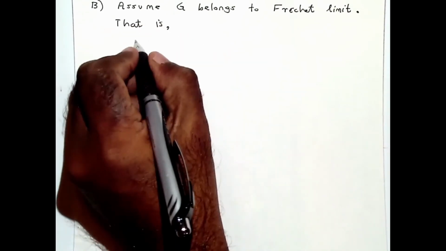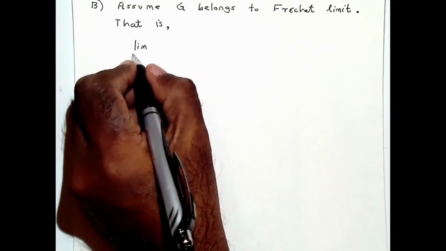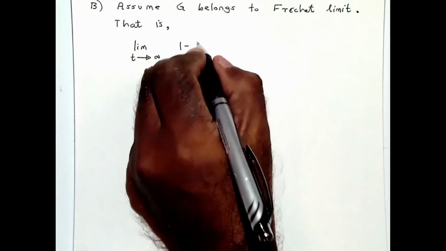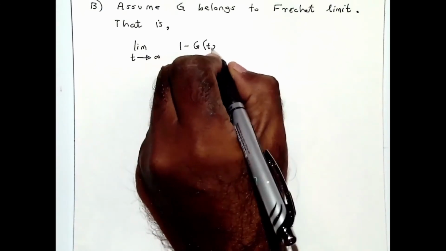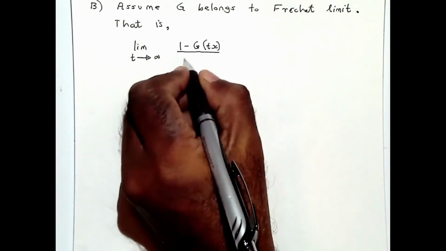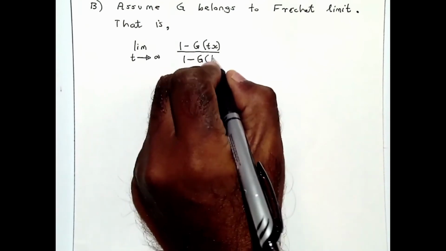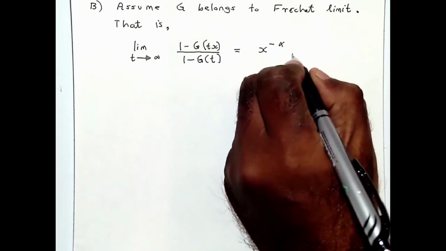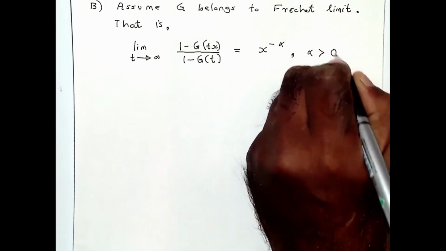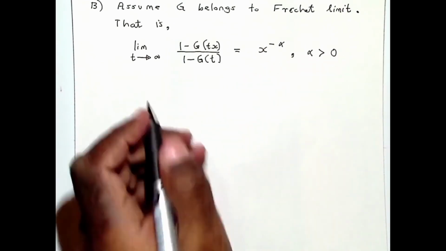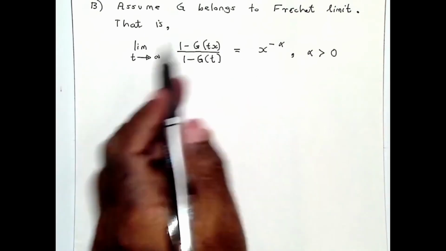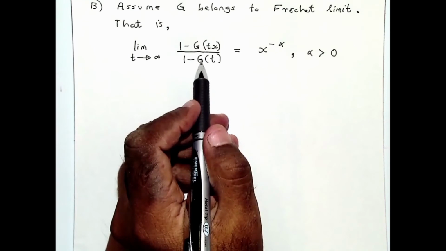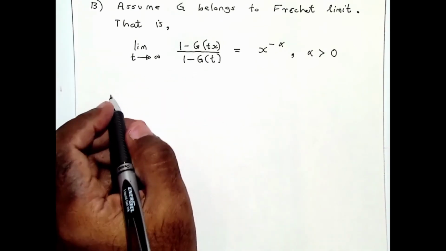It means that the limit as t approaches infinity of, right. Now what we need to show is that this is true if G is replaced by f. So that's what I'm going to do.